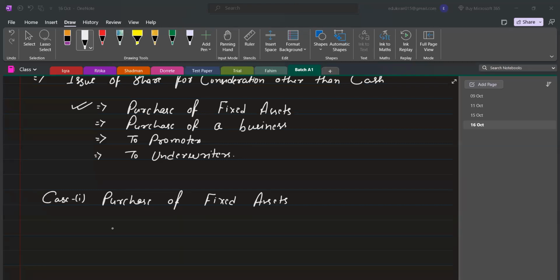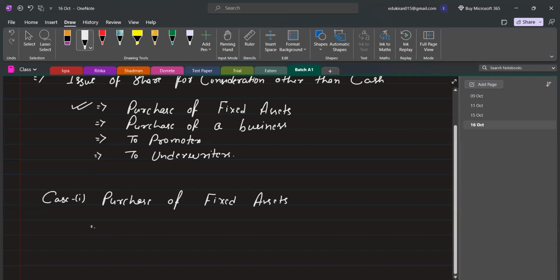Okay, Ritika. Sir, is it asset account debit to the seller's account? Yes, assets account debit to creditors, you can say. Yes, sir.